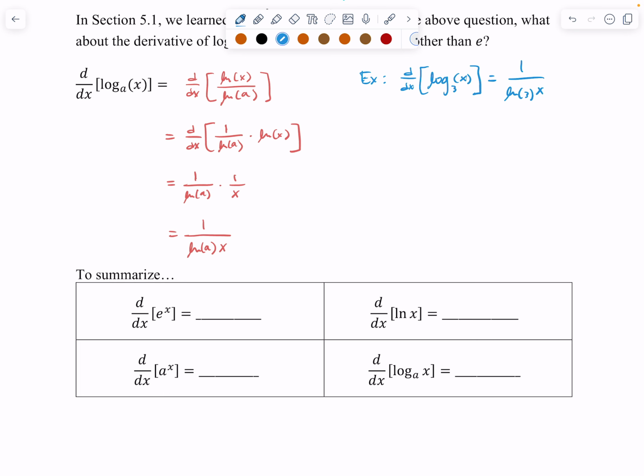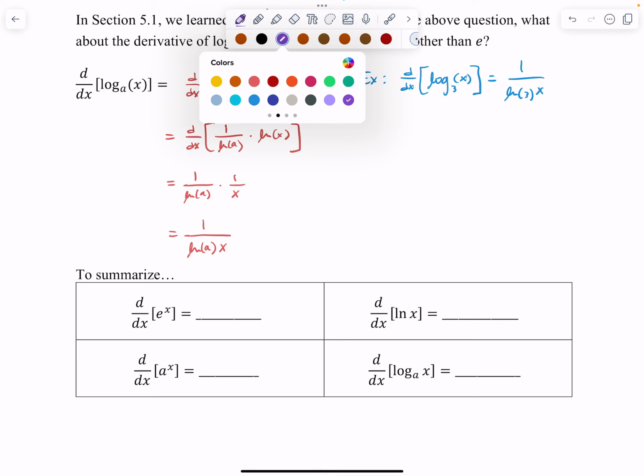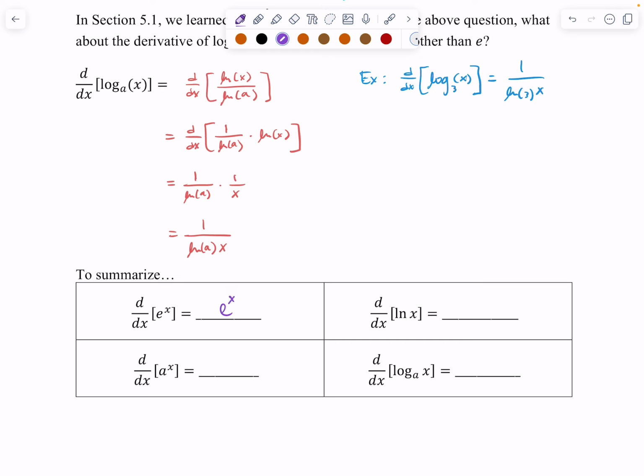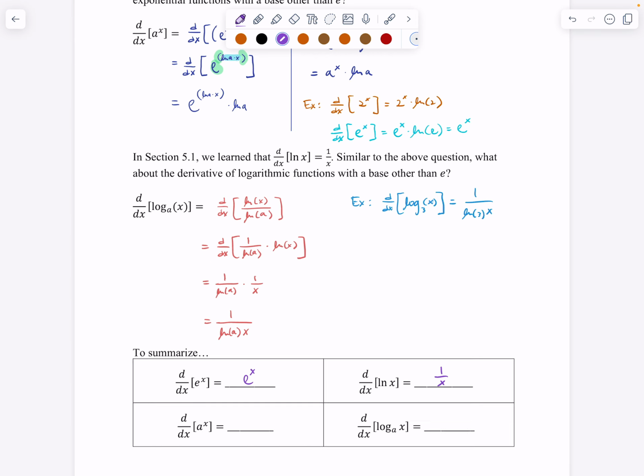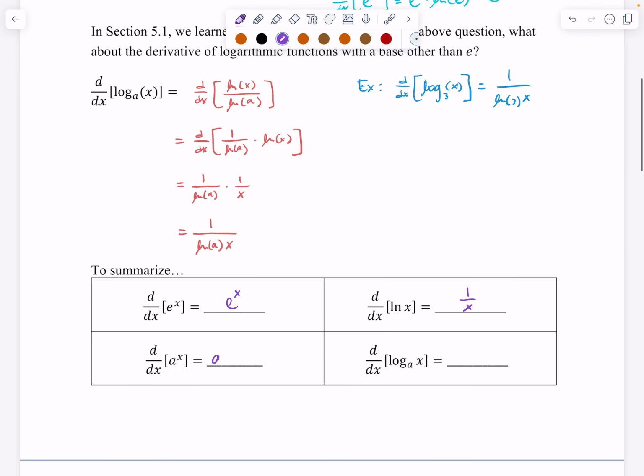So let's summarize. We know that the derivative of e to the x is e to the x. And we know the derivative of natural log of x is 1 over x. And now we know that the derivative of a to the x will be a to the x natural log of a.